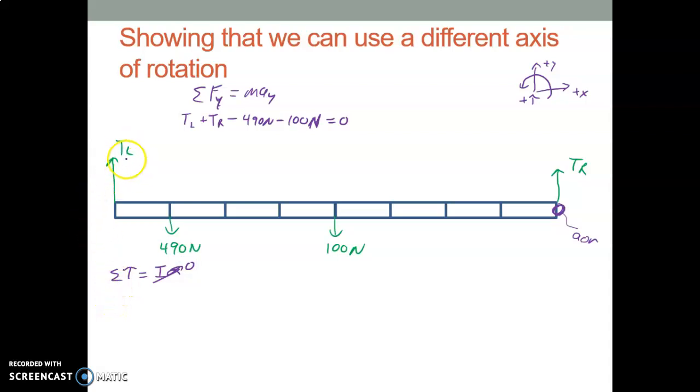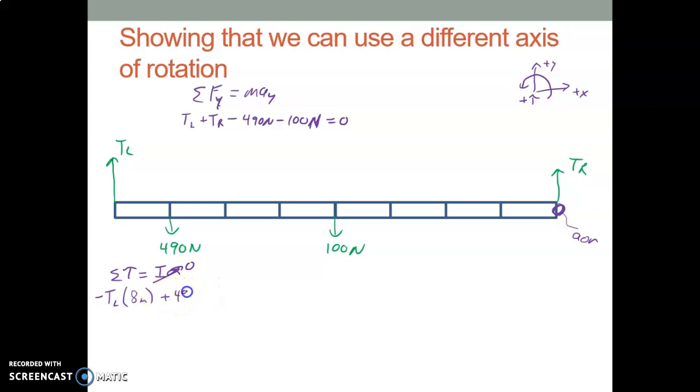All right, so let's do that. So we've got T sub L. T sub L did not create any torque when we did this last time. Here, it's T sub L times 8 meters. It's 8 meters away from the axis of rotation, and if we hold it here, and we're pushing upward, it's going to cause a clockwise rotation, which is negative.